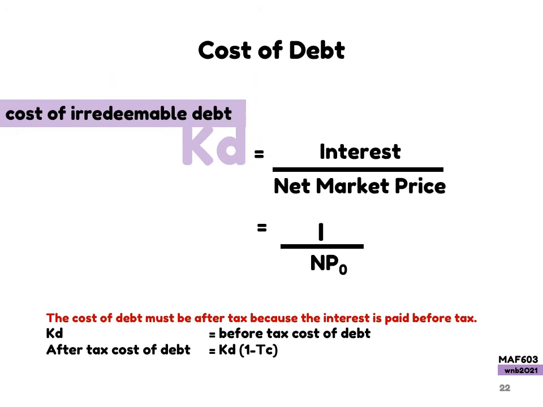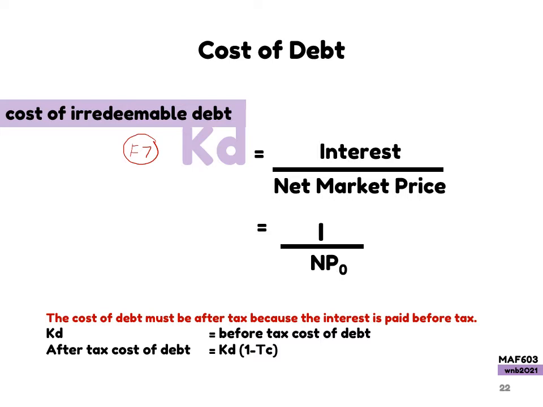Okay, so how to compute the cost of debt, let's look at the irredeemable debt first. This one is quite simple. To find the KD, cost of debt yang irredeemable, you just need to take interest divided by net market price. This should be formula number 7 for this chapter. Interest over net market price. And when you find KD, you need to remember that the cost of debt must be after tax, because the interest is paid before tax.